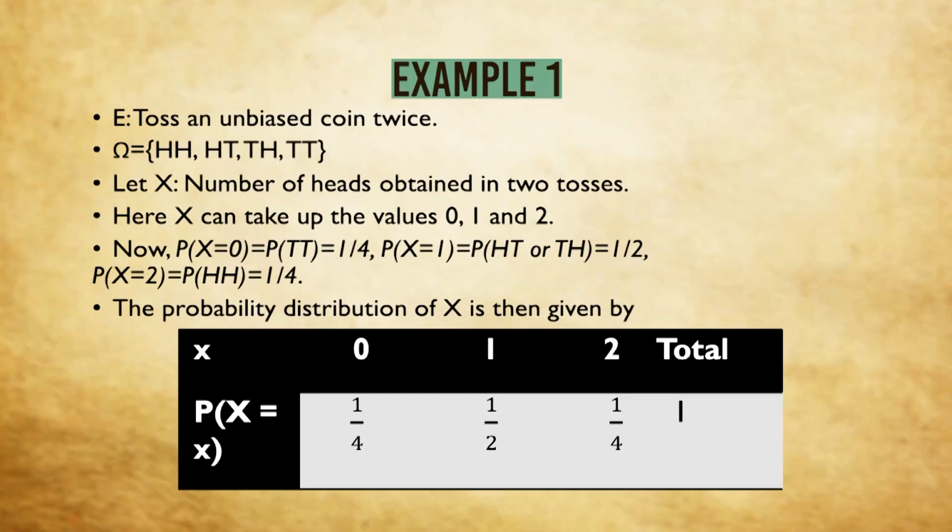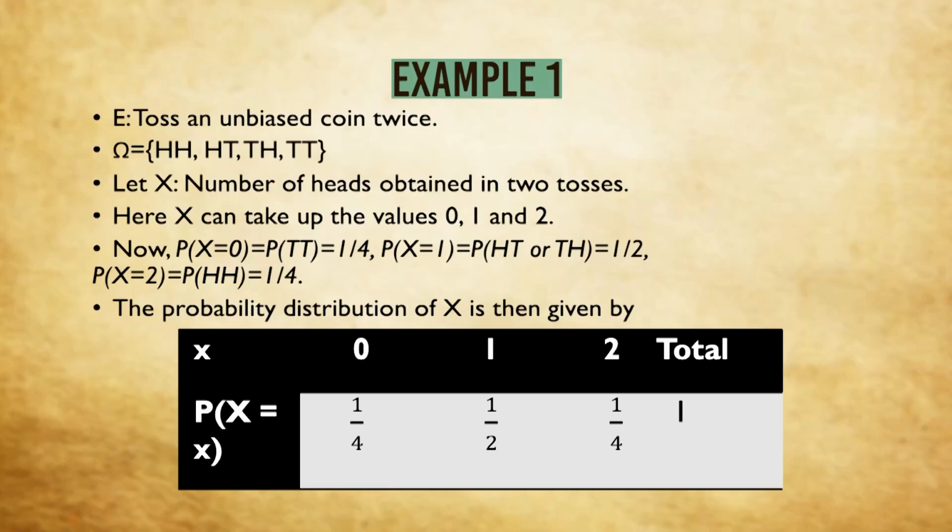So probability x is equal to 1 will be simply 2 by 4, that is half. In the same way, you can easily find out that probability x is equal to 2 will be again 1 by 4. As you can see on the screen, we can have these values along with the probabilities in a table. And obviously the total probability will be equal to 1.